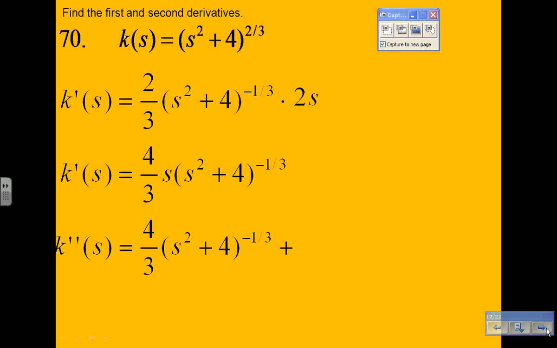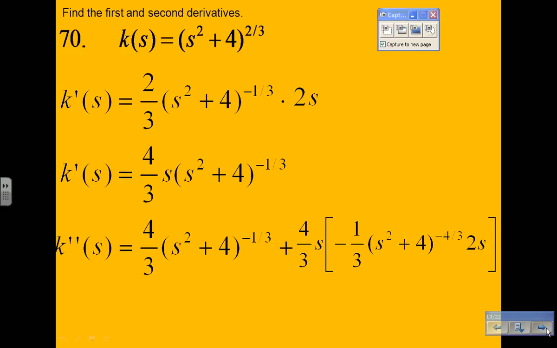So whenever it's to a power, we use the chain rule. So I'm going to take 4/3 s times the derivative of s squared plus 4 to the negative 1/3. The derivative is negative 1/3 times s squared plus 4 to the negative 4/3 times 2s. That's the second derivative.